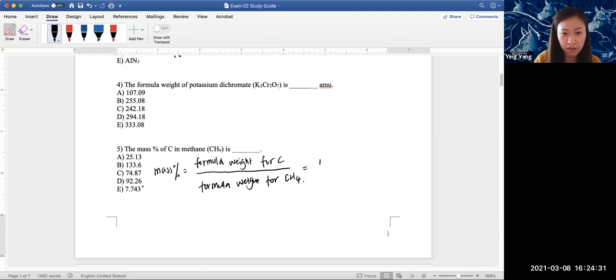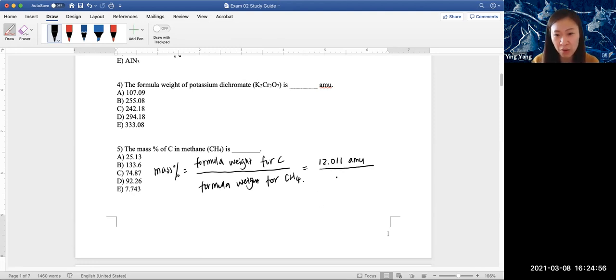Here, you look at the answers, they all have 4 significant figures, so during this calculation I'm going to keep one more, 5 sig figs. 12.011 atomic mass units. So this is the formula weight just for carbon.